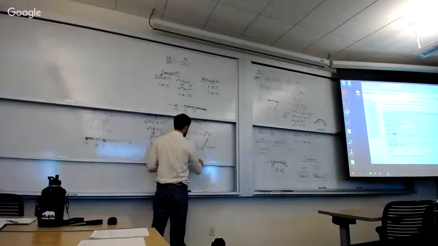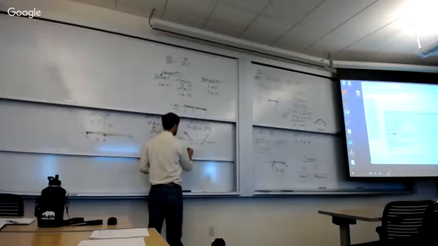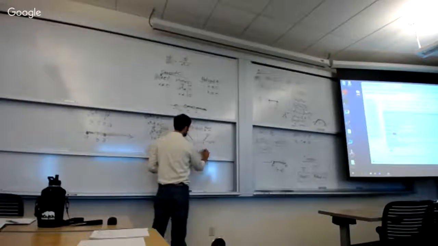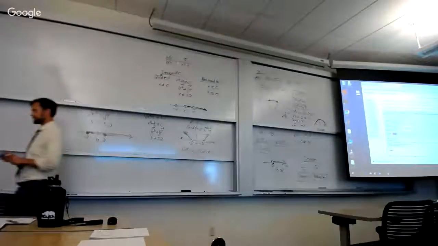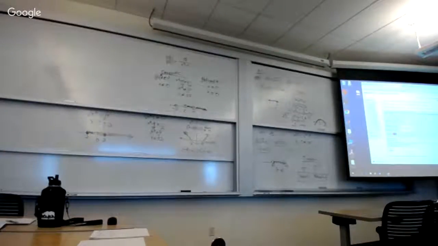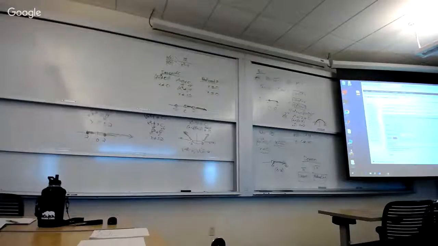And so our domain would be negative infinity to negative 2, union, 2 to infinity. Let's see if it works. Negative infinity, negative 2, union, 2, infinity. Yep.